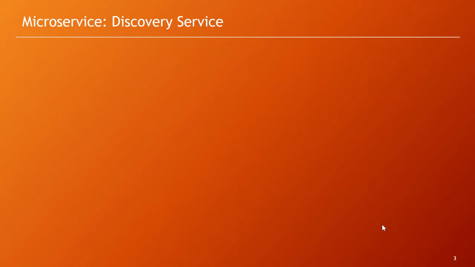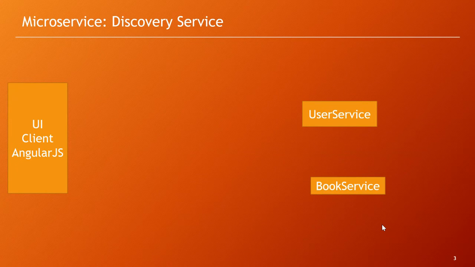So let's start. The very first thing I'll explain is the importance of a discovery service or registry service. So let's start with the requirements. Say that we have a UI application, a client application, which is any JavaScript or Angular based application. It wants to interact with backend services, which can be a Java service or a Python service or a different kind of REST service.